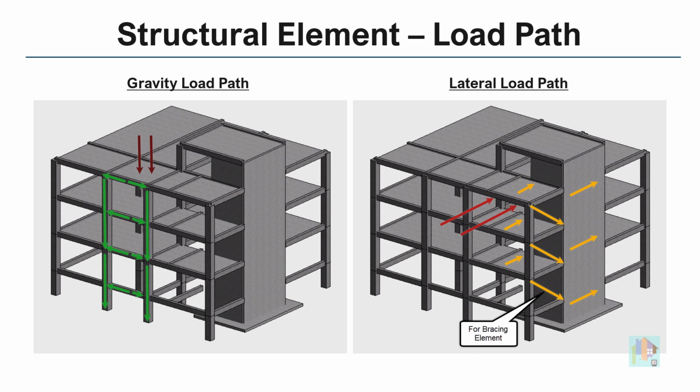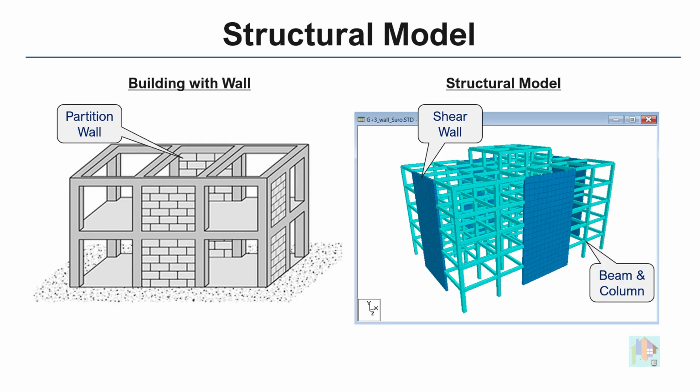After design, we finalize a section and reinforcement which can withstand applied external load without failure. Non-structural elements like partition wall or internal brick wall don't contribute to the overall stability. So, during structural analysis, we model only those important load-bearing elements and ignore any non-structural or architectural element.